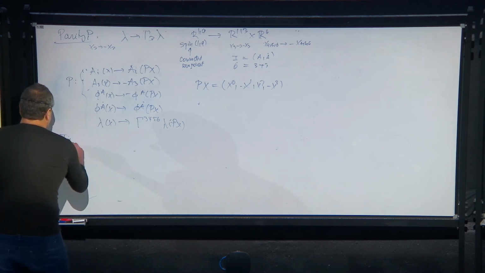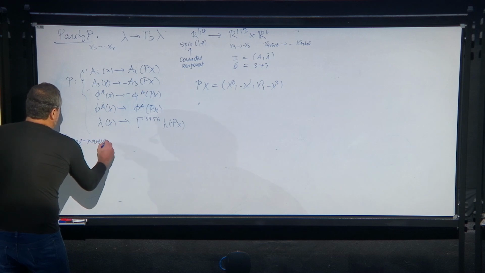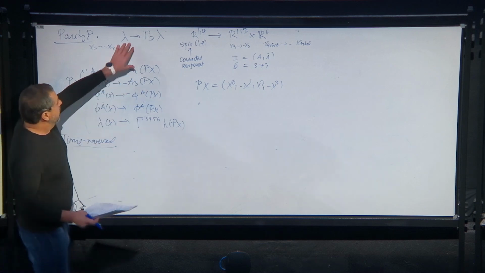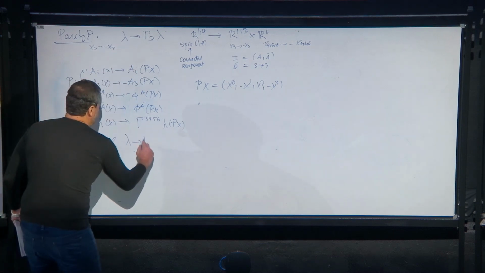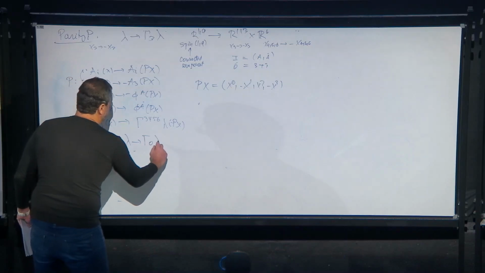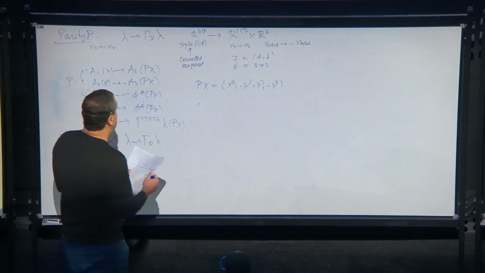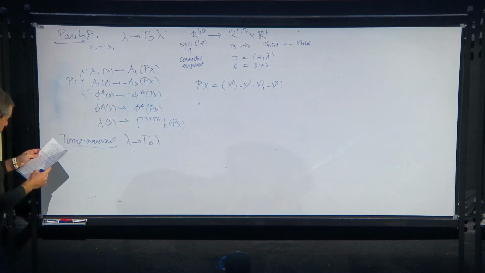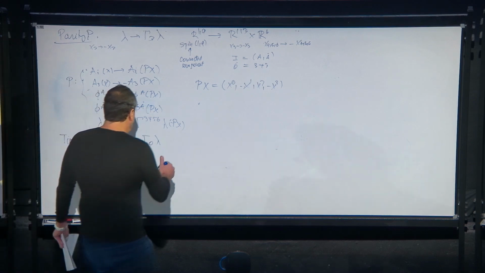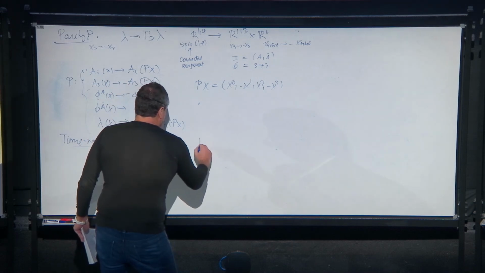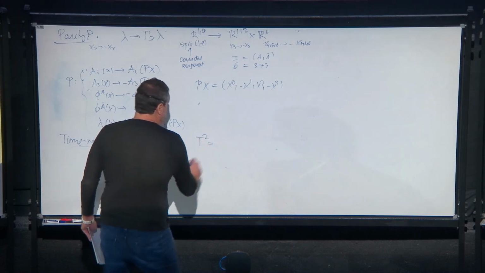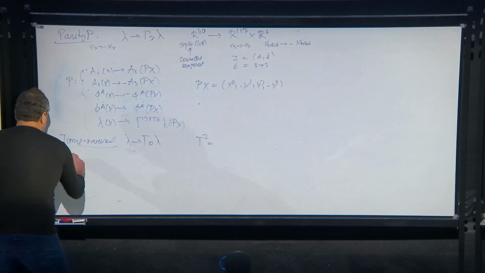What about time reversal? Maybe I'm not going to write this, but again, you have the same problem. Time reversal will flip the chirality of the 10-dimensional spinor. So this is not a symmetry, but again, I can combine it with a transformation on the six scalars to make it a symmetry. And what you end up with is a transformation T, which is antilinear. So one thing that is very important here is that it's an antilinear transformation.